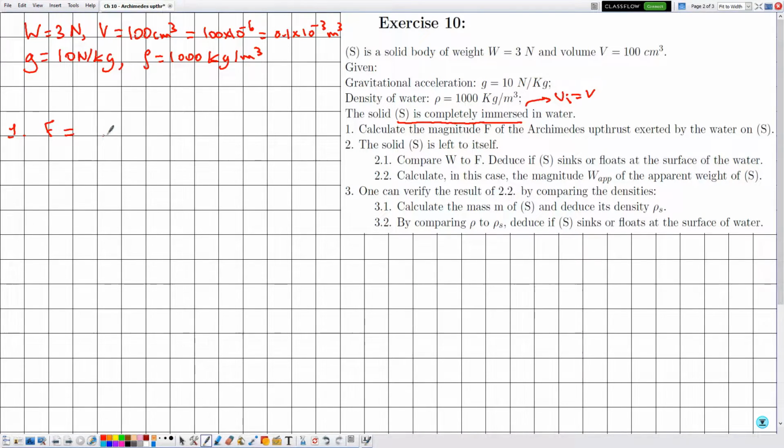The upthrust, which is denoted by F, is given by the density of the liquid, denoted by rho, multiplied by the volume of the immersed part, Vi, multiplied by g.